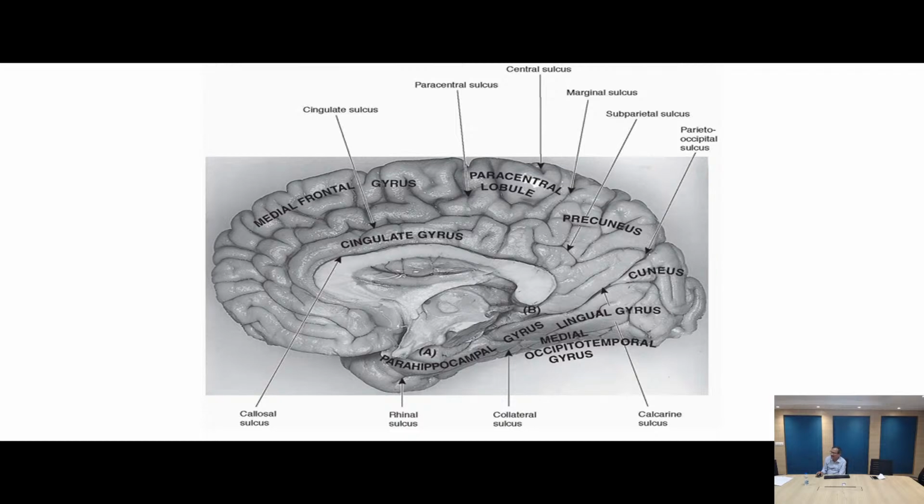Long periods of alcoholism can lead to damage to the parahippocampal gyrus, and deficiency of some vitamins can lead to problems with the parahippocampal gyrus, like beriberi. You have heard of beriberi, and those patients are not able to remember things correctly. The cingulate gyrus is also concerned with memory and emotions. So there are so many different parts of the brain, and each is concerned with specific functions.